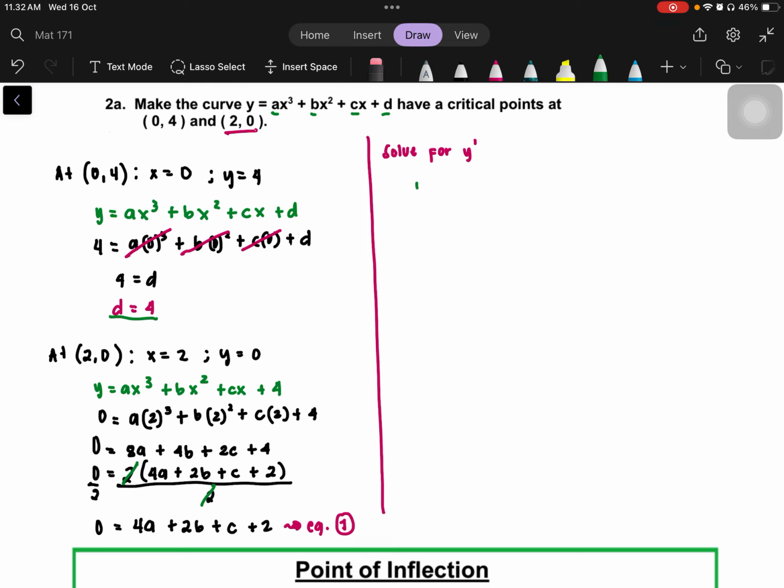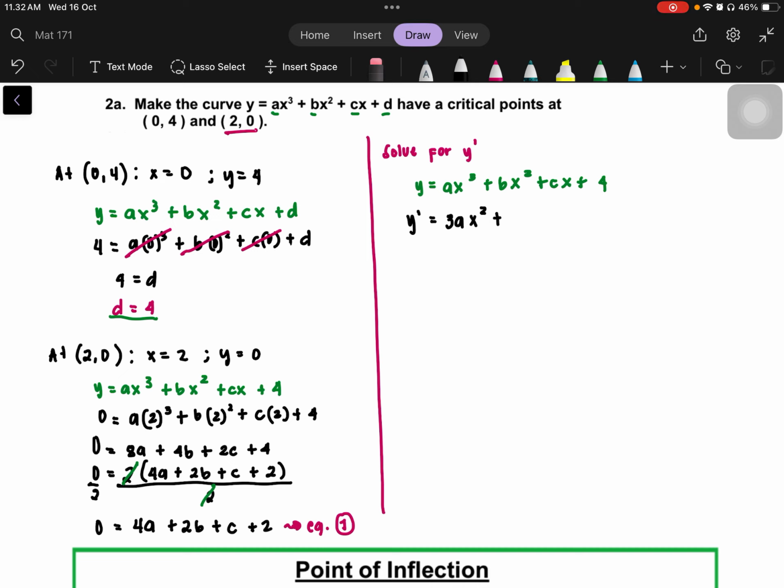So, y prime. Using the original ulit natin, we have y is equal to ax cubed plus bx squared plus cx plus yung d natin is 4 na, diba? So, gamitin na natin. Then, let us solve for y prime. Y prime, derivative of y is y prime.